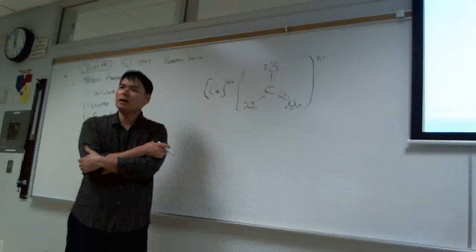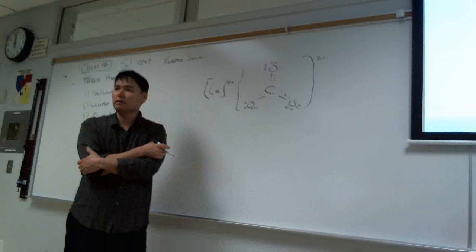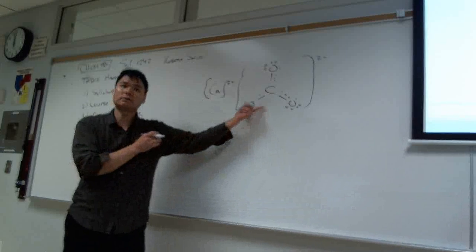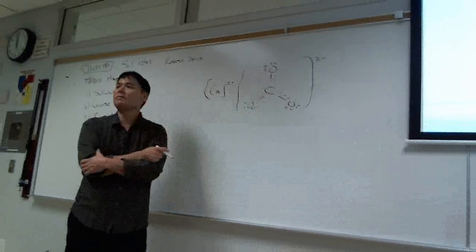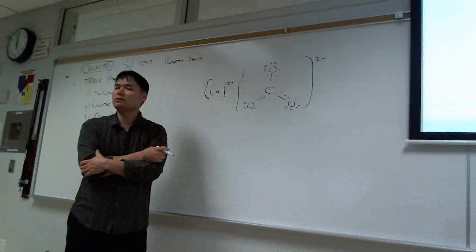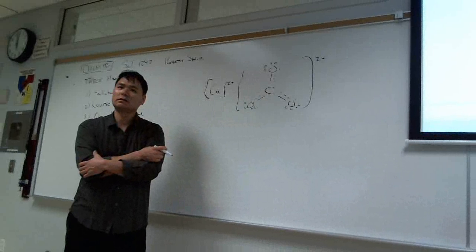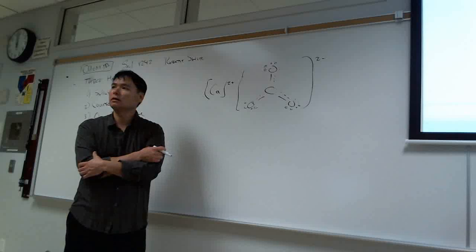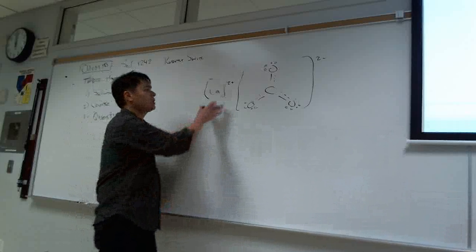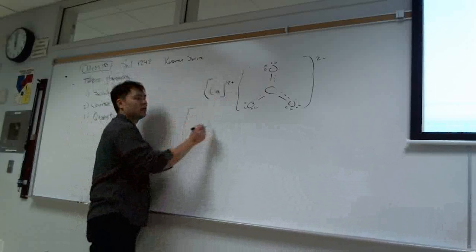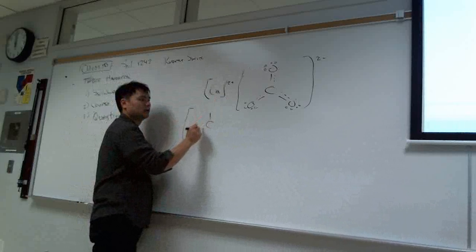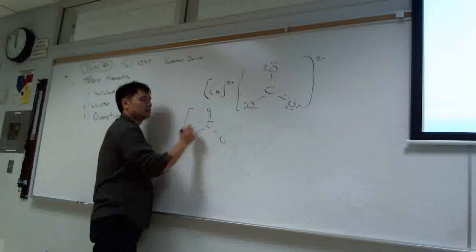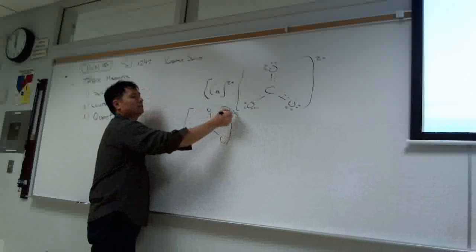What do you know about ionic compounds? Ionic compounds don't form molecules. Ionic compounds form lattices. So what should I do to show the lattice of this? Each calcium wants to surround itself with as many carbonates as possible, right?